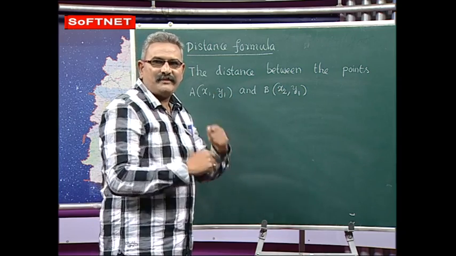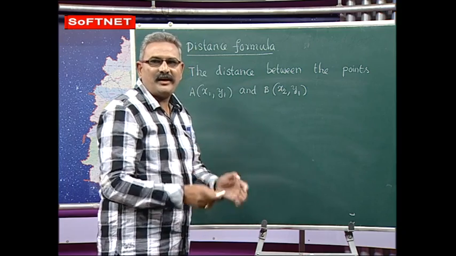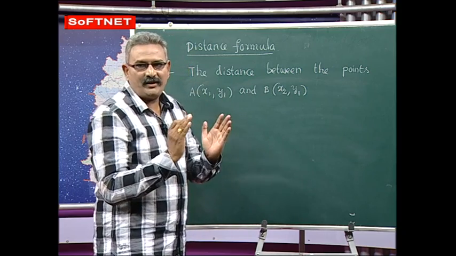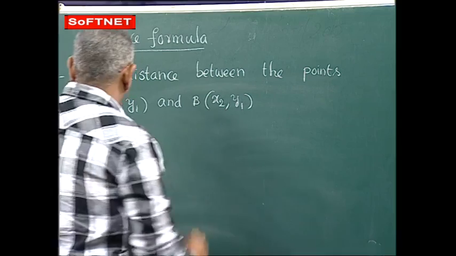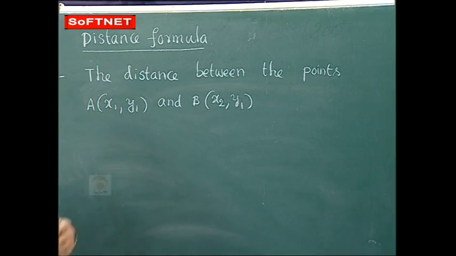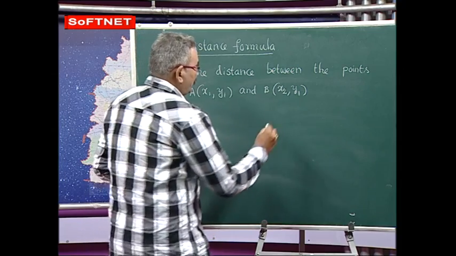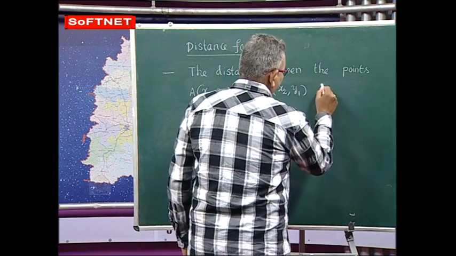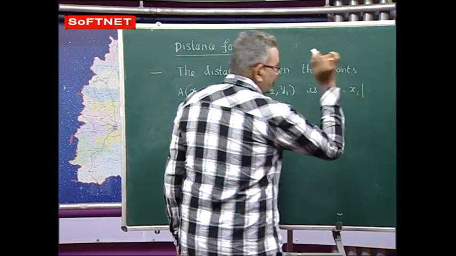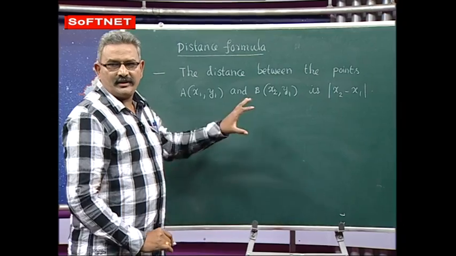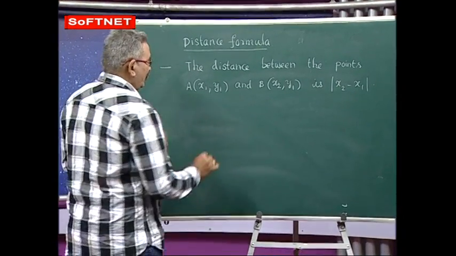As distance is measured in the positive sense, we have to consider the absolute value or modulus. So the distance is mod of x2 minus x1. This is one of the formulae.